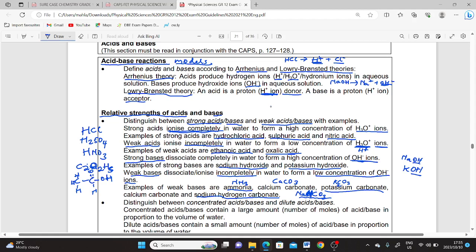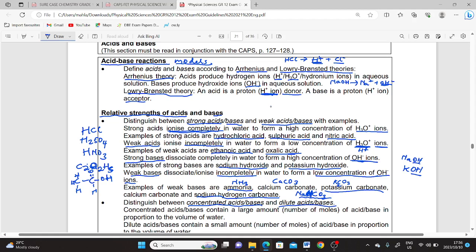These are the relative strengths, and they rely on the concentration of protons and the concentration of hydroxide ions. Now let's move on to distinguish between concentrated acids or bases, and dilute acids and bases.